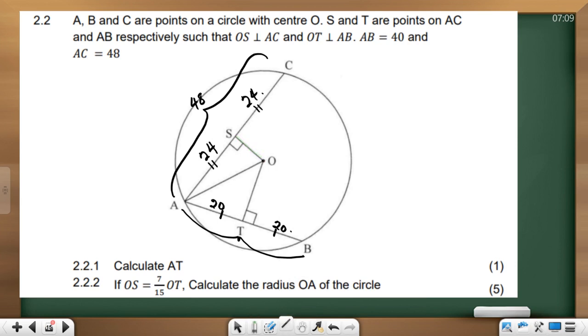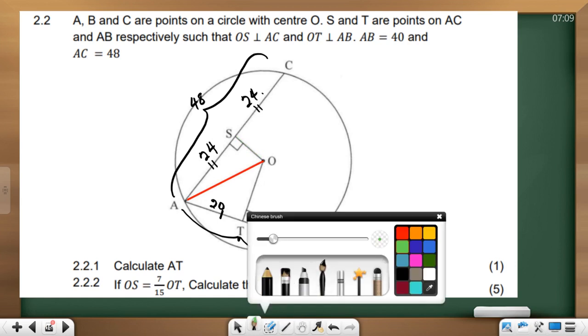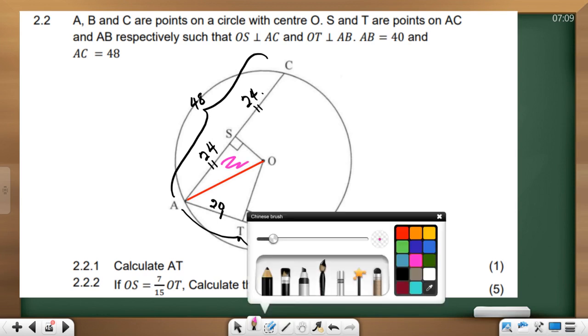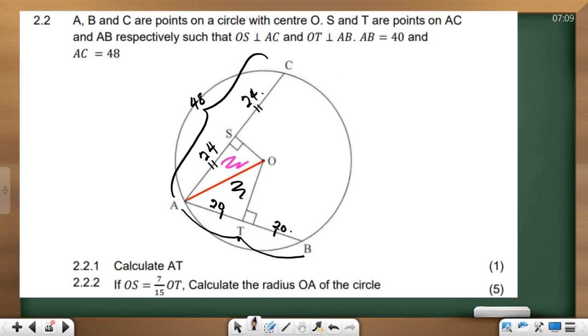Now, one thing I have seen here is that OA is a common side to both triangles. This is one triangle here. So OA is a common side to both triangles. Let's use our Pythagoras theorem. Right angle triangle.